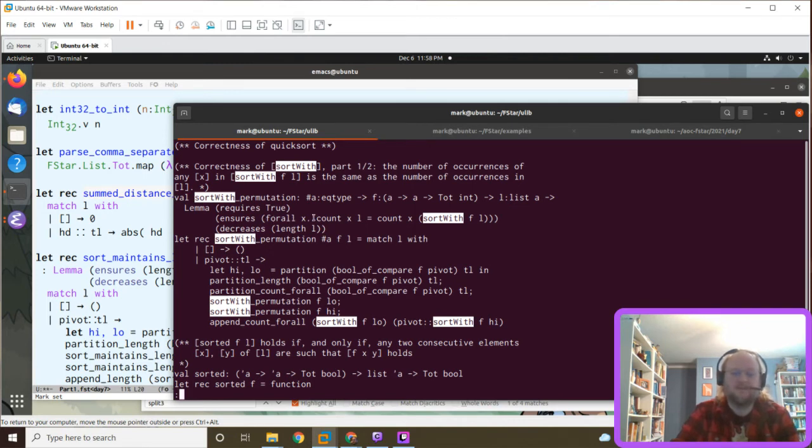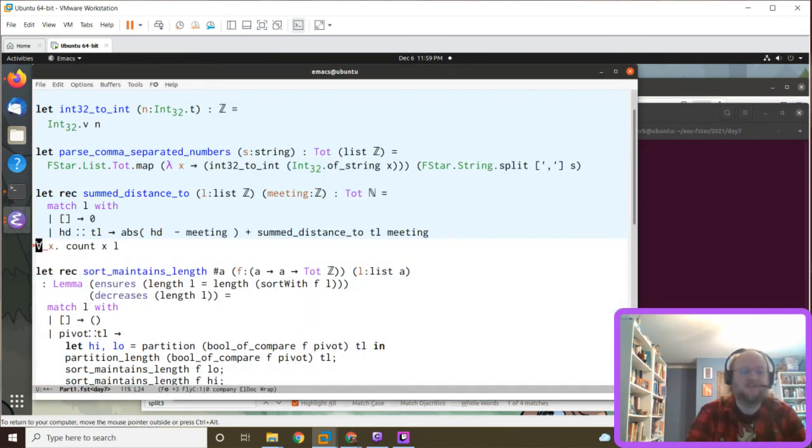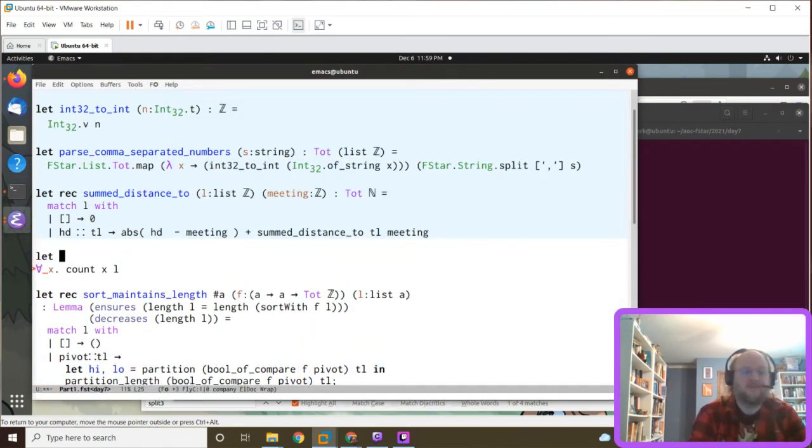Okay, so let's first prove, let's first prove something of this sort. Some distance based on count.